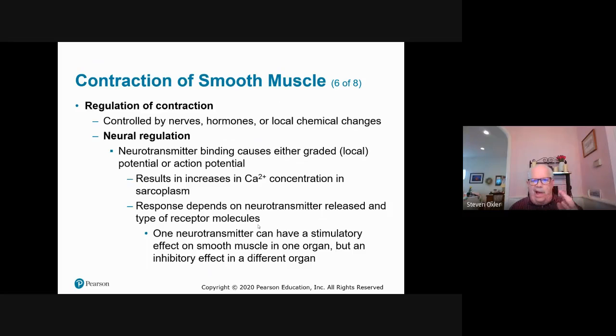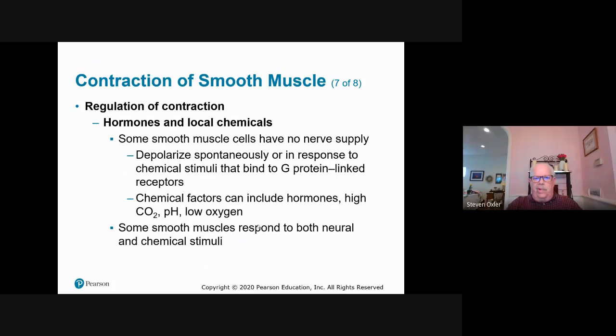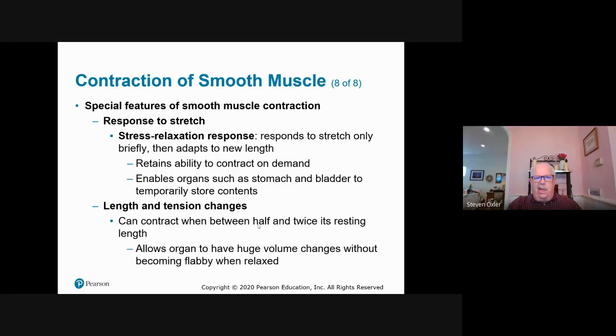It's regulated by acetylcholine. Basically, that's what you have to know about the regulation of contraction. It's regulated basically by neurotransmitters, and that neurotransmitter is acetylcholine. Okay? I'm not going to ask you much about the special features. These are not important features.